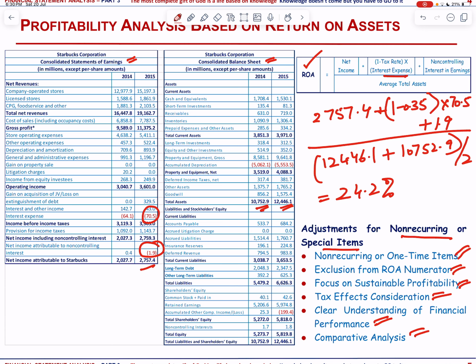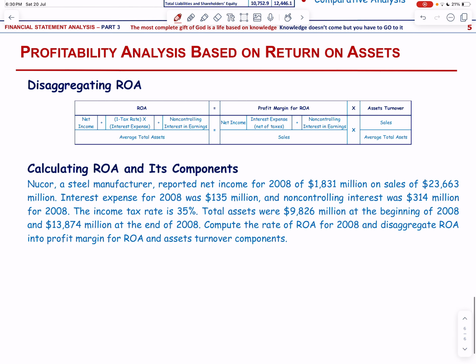Next, let us talk about disaggregating return on assets. Now, return on assets is equal to profit margin for return on assets times assets turnover. Profit margin reflects how effectively a company turns sales into profits. Assets turnover reflects how efficiently a company uses its assets to generate sales.